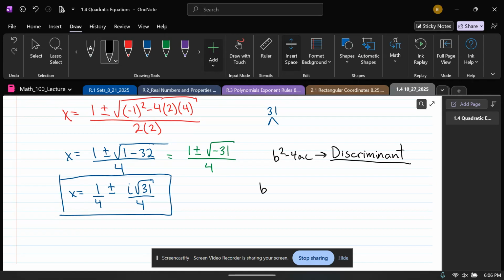If the number under the square root, the b squared minus 4ac, is greater than 0, what kind of numbers are greater than 0? Positive. You're going to have 2 real solutions.